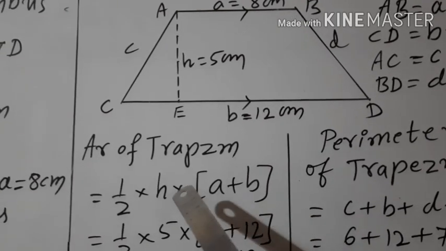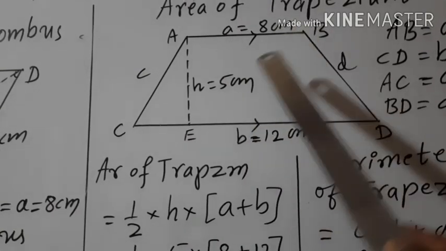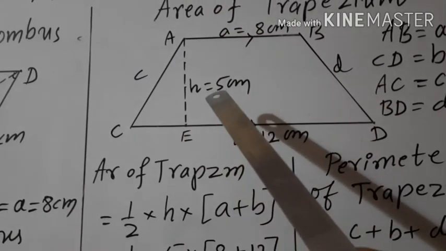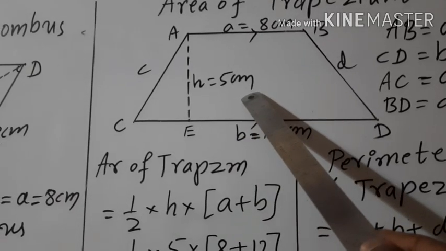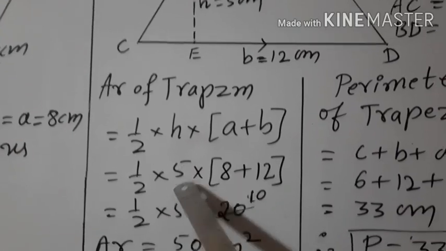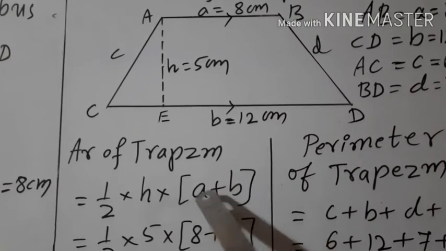Here h means the distance between the parallel sides. Here AB and CD are parallel sides and AE is the h, the distance between the parallel sides. Therefore, half into h, I put 5 here, into bracket a plus b. A plus b means the sum of parallel sides.